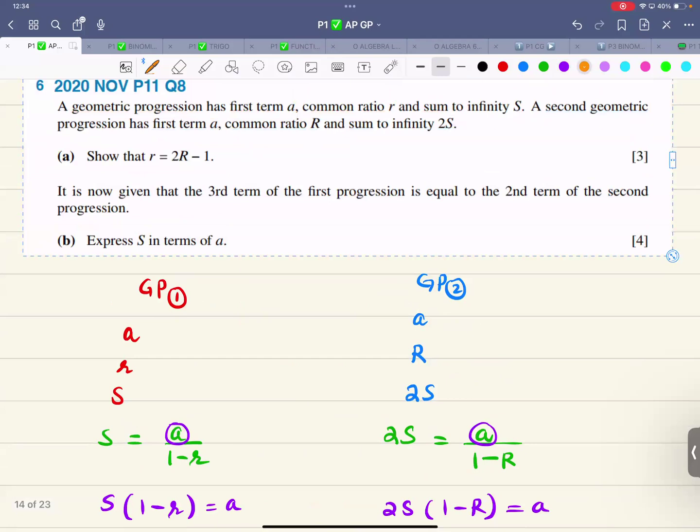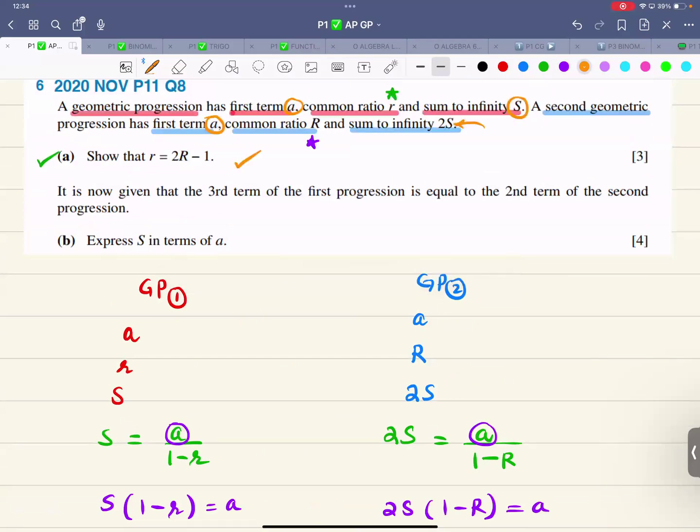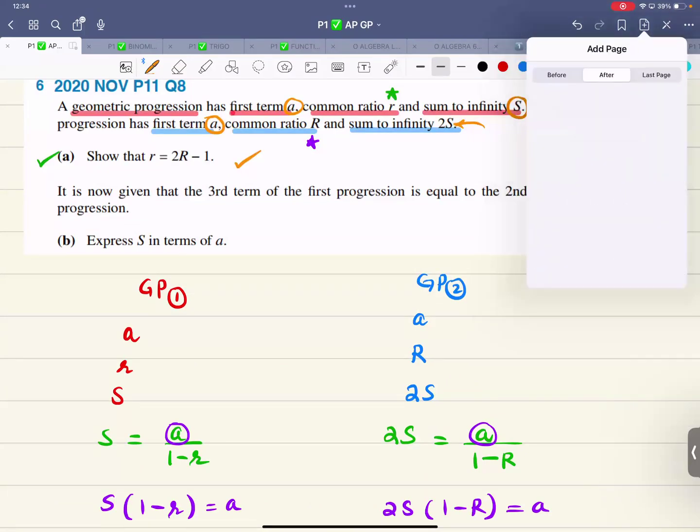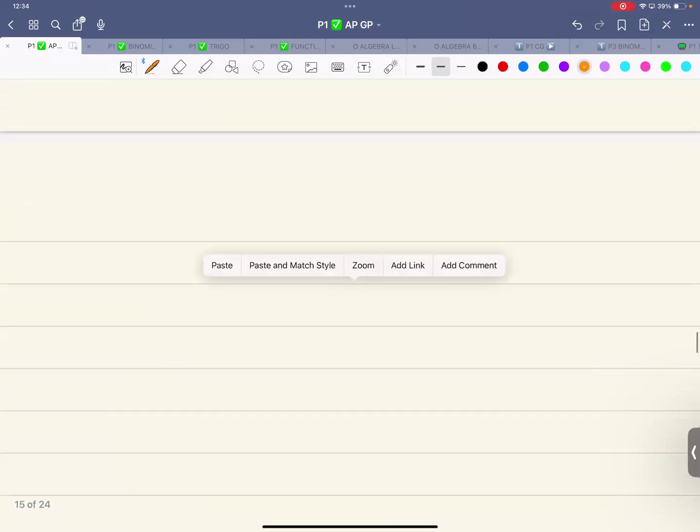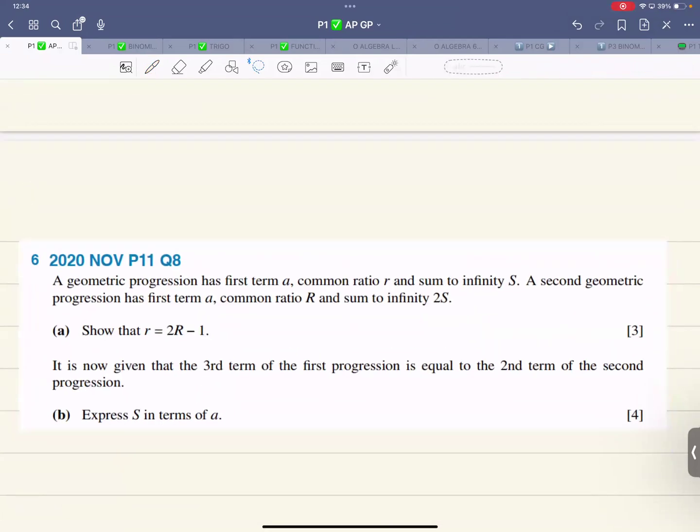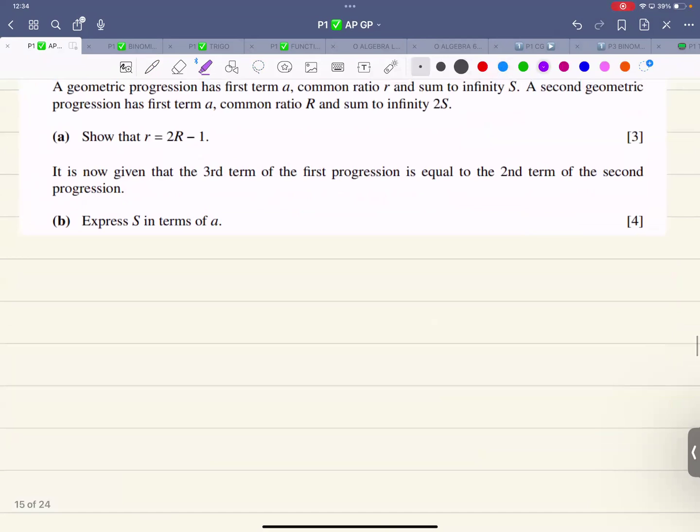Now, let me copy this. Copy and paste. Now it says that the third term of the first progression is equal to the second term of the second progression.